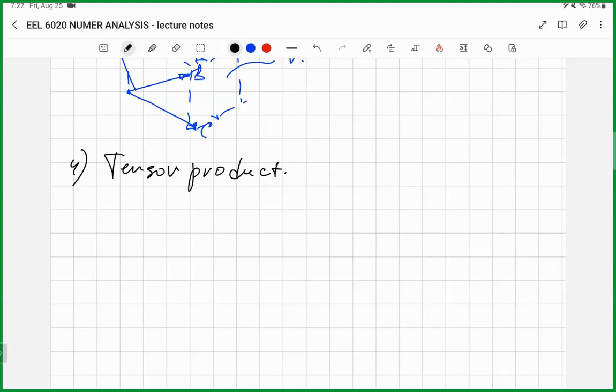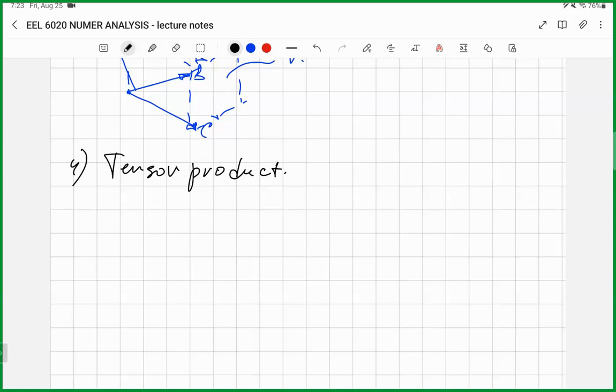For example, I'm teaching quantum computing this semester, and we need the tensor product quite a lot in that area. Also in artificial intelligence, any sort of computing, imaging, processing, etc. Tensor product is everywhere, so it's very important to understand what it means.